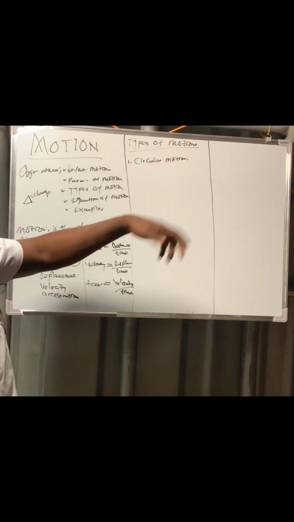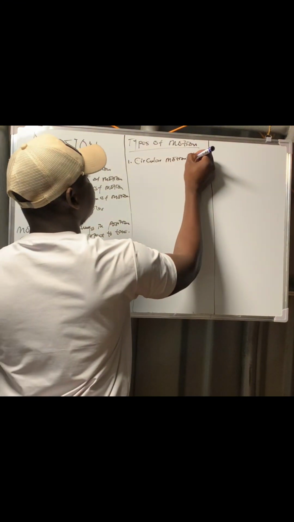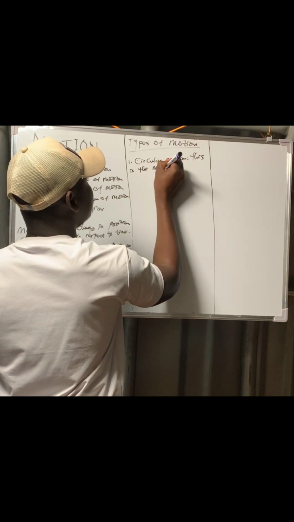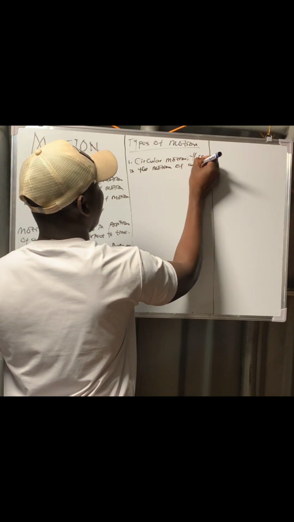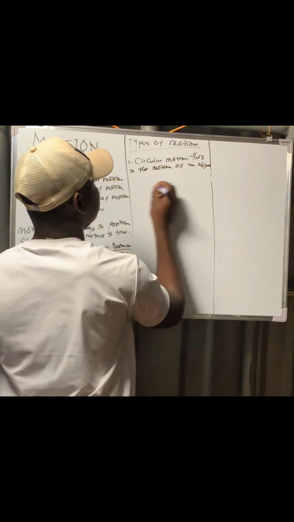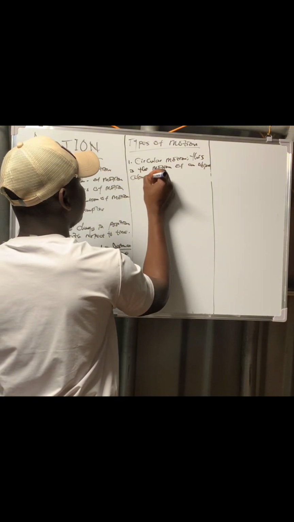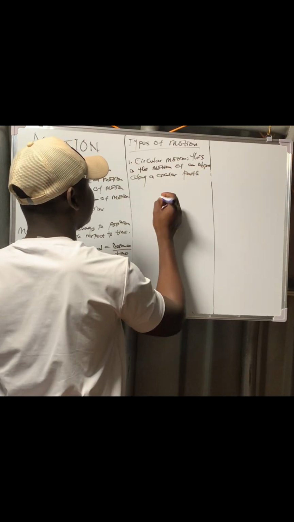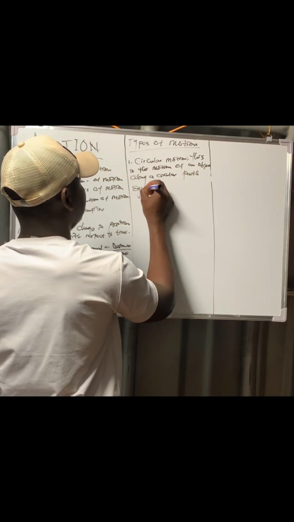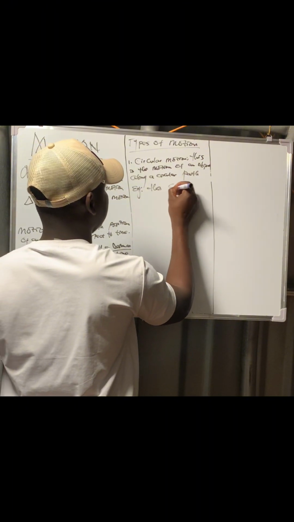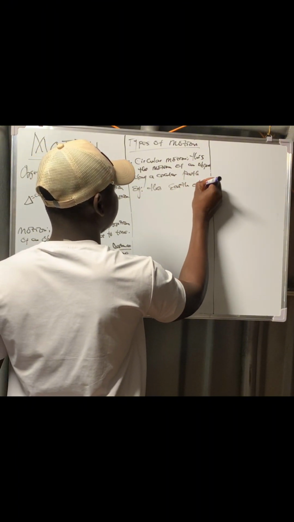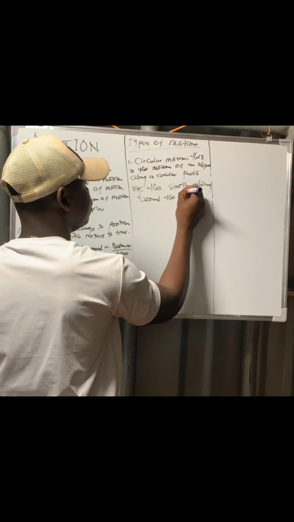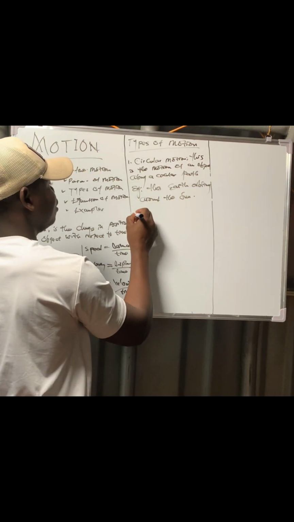This is the motion of an object along a circular path. Example, the Earth orbiting around the Sun.